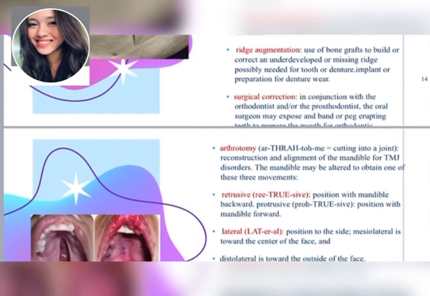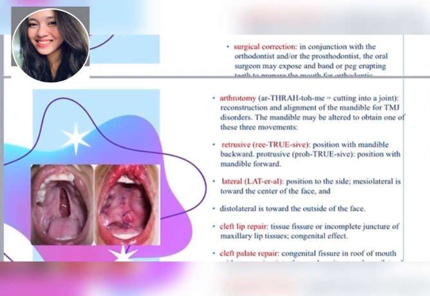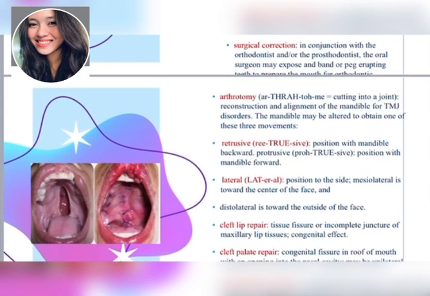Ridge augmentation is the use of bone grafts to build or correct an underdeveloped or missing ridge, possibly needed for tooth or denture implant or preparation for denture wear. And then surgical correction in conjunction with the orthodontist and or the prosthodontist. The oral surgeon may expose and band or peg erupting teeth to prepare them for fixed orthodontics.